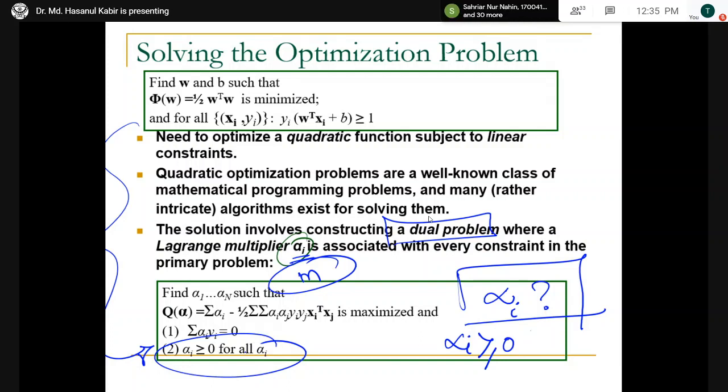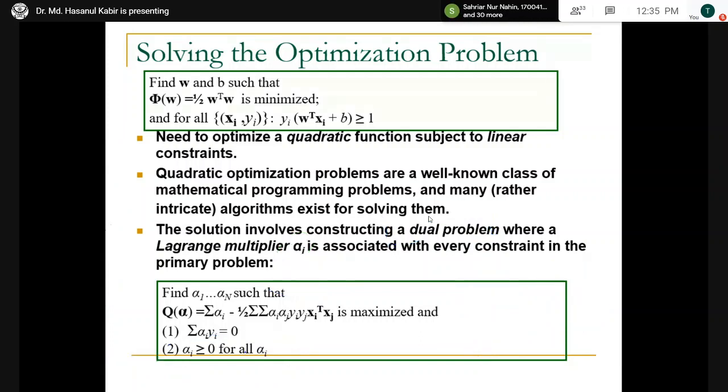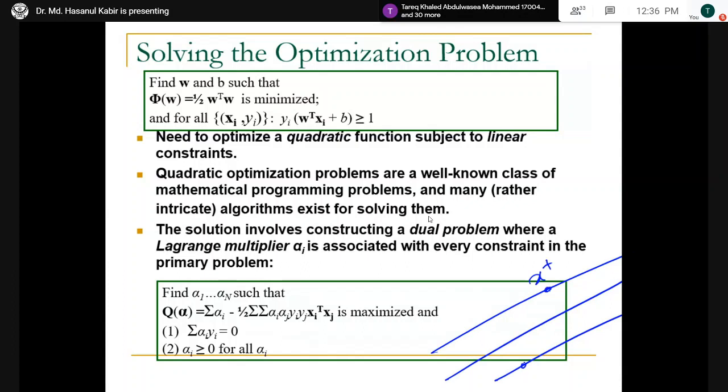Now the question is, if I look back to the problem, let's say here I have the positive samples, and here I have the negative samples, and of course you have some other samples in the negative. Interestingly, which ones are your support vectors here? These three are your support vectors. And for the support vectors, the lambda value is going to be greater than 0.